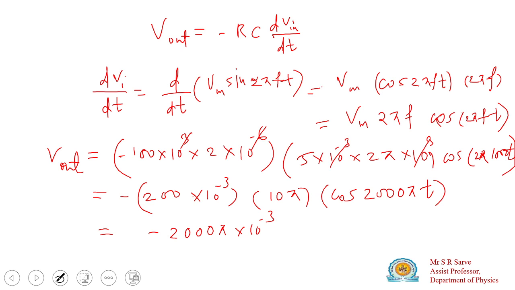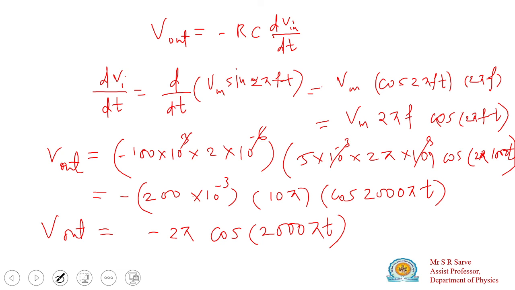So you can write this value directly as minus 2 pi cos 2000 pi t. So this is your output.